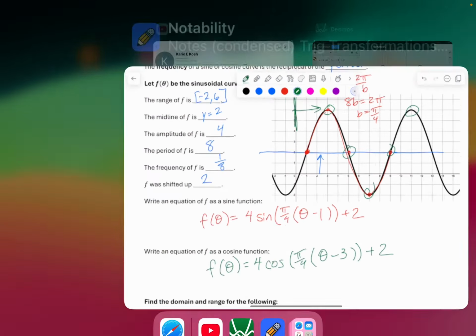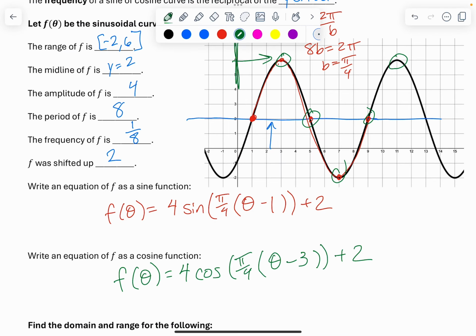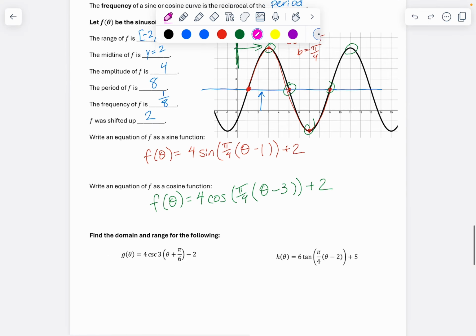And when I do that, a negative with a sine curve means that I was starting here, here, here, and here, those 5 points. Okay, hopefully that's not too confusing. But the point is, you can write a ton of different versions of that equation and it would be accurate.